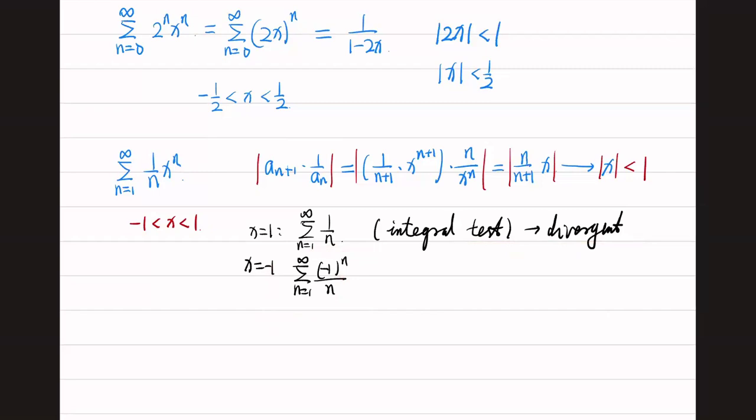And all of you, convergent or divergent? This one is alternating. You can apply the alternating series test. On the denominator, the terms go to 0, and it's alternating. So by the alternating series test, convergent.